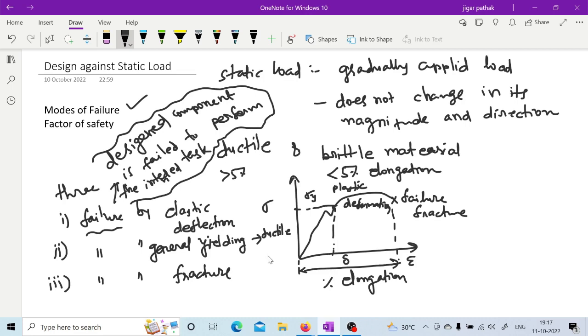Okay, sir. So in ductile material this general yielding will be there, and in brittle material... Sir, if it is elastic deflection, do we consider it as failure, because the shape will be regained, right? The shape will be regained, but in that case also, consider the design transmission ratio of the shaft.